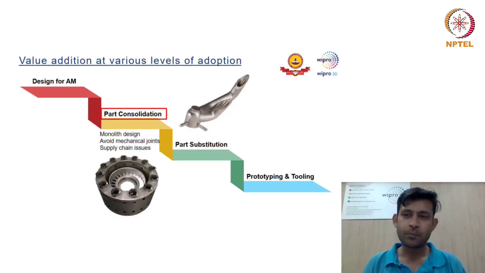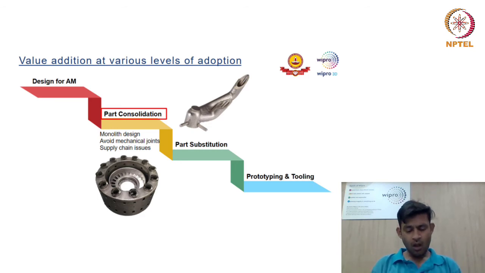So now let's talk about part consolidation. Once we have adopted components for AM only for the purpose of part substitution, then the next tier is part consolidation. In part consolidation, our basic objective is to create a monolith design, which earlier was not possible because of various manufacturing constraints posed by conventional manufacturing techniques.